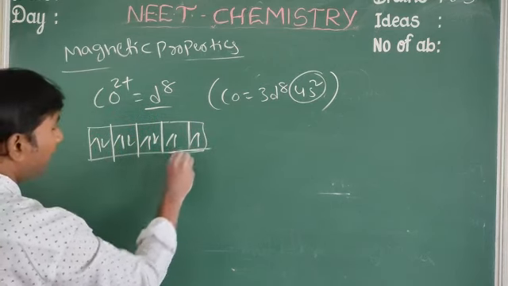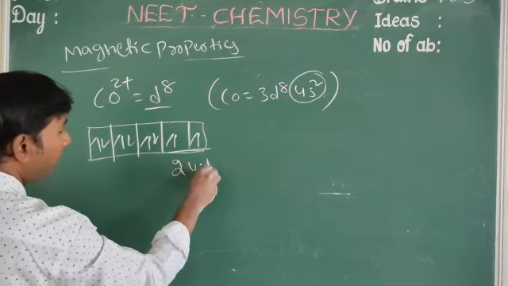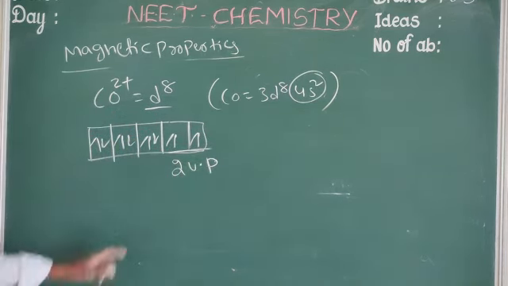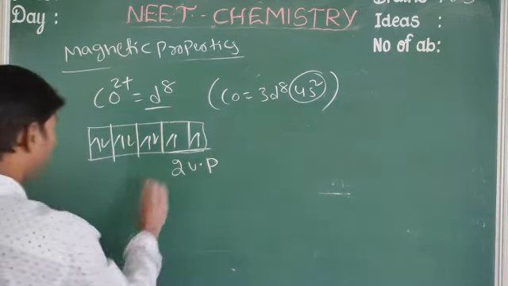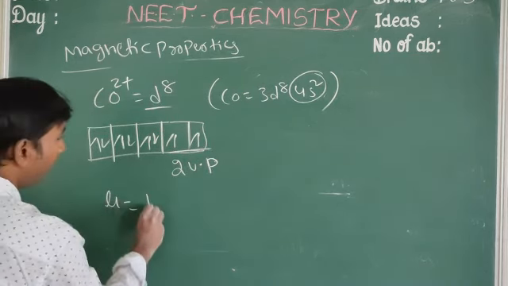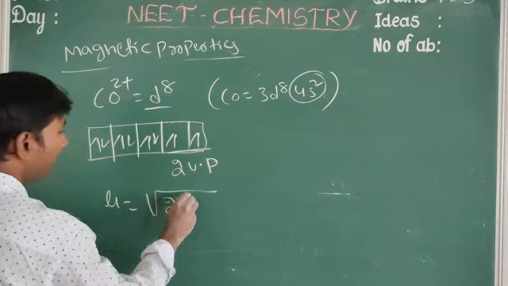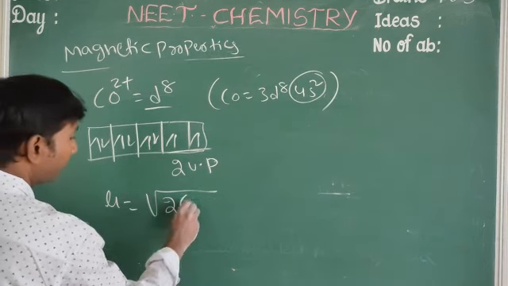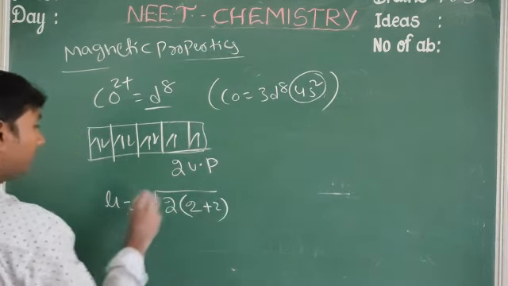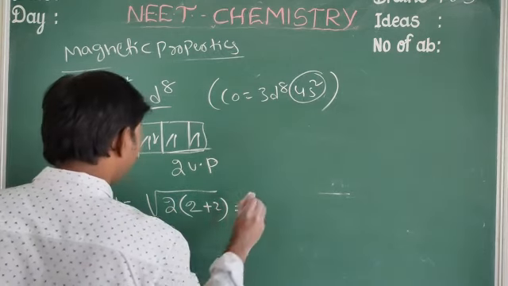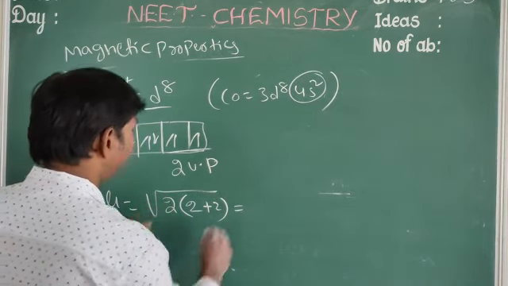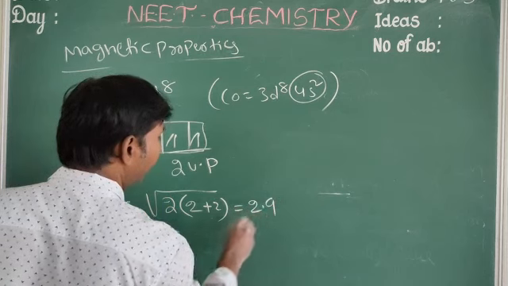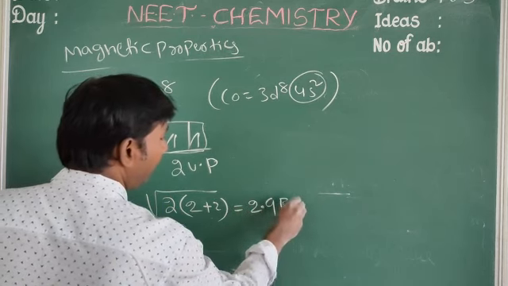How many unpaired electrons? 2 unpaired electrons present. That's why μ equals under root of 2 into 2 plus 2, root 8, which is almost 2.94 Bohr magneton.